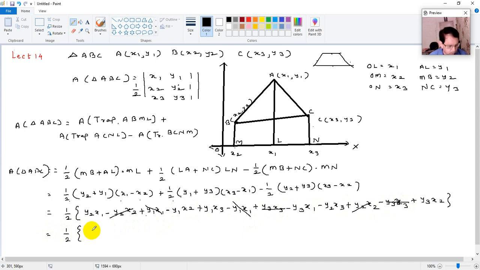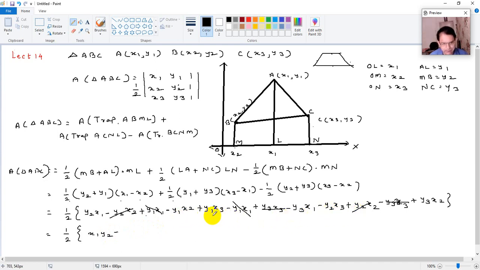This is what now? You can say that this is x1 y2, this term, then minus x1 y3. See there is term x1 y3 somewhere.